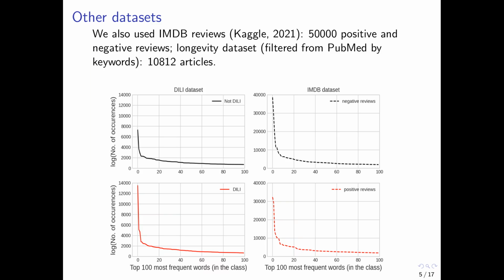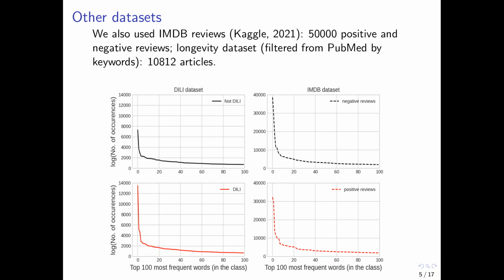But, as one can assume, the classes DILI and not DILI are unbalanced in the real world. By unbalanced, I mean that the number of concepts that determine the not DILI class is much larger than the number of concepts that determine the DILI class. This can be seen visually, for example, on the left panel of the figure.